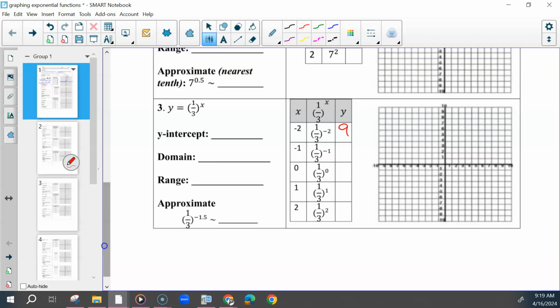1/3 to the negative 1. What would that give us? Take that base and flip it, make the exponent positive.